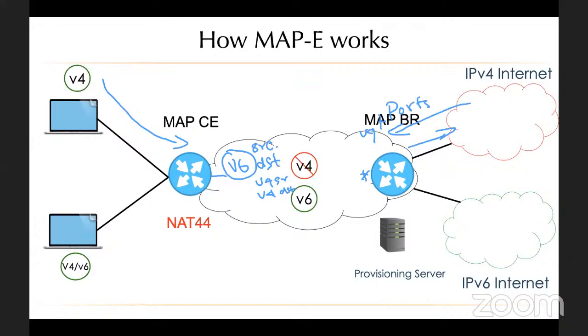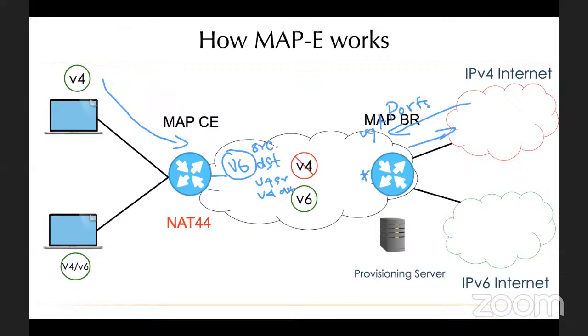And this is the beauty of MapE and also MapT, which we'll look at next, because it's stateless in nature. So first of all, it means that your logging requirements are totally reduced, because all you need to do in case you want to correlate activity from a certain user is just check the DHCPv6 logs.